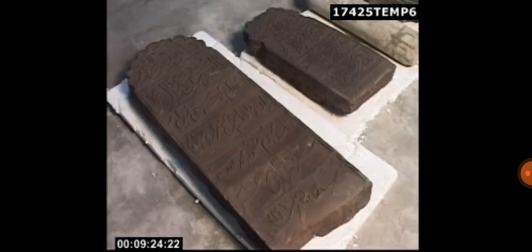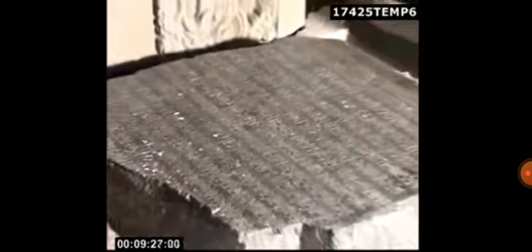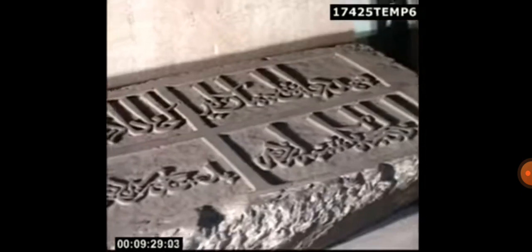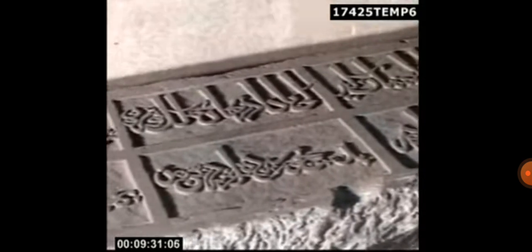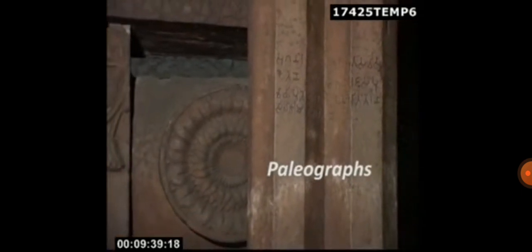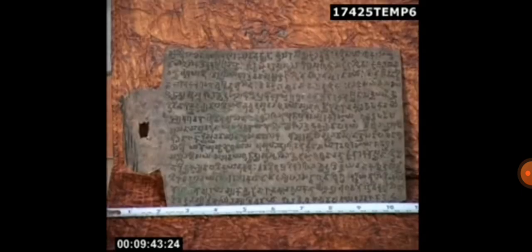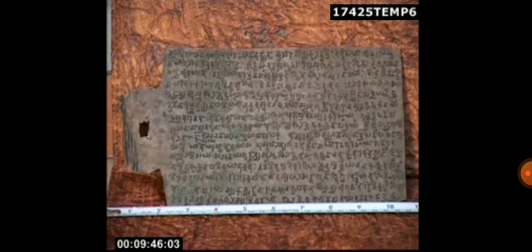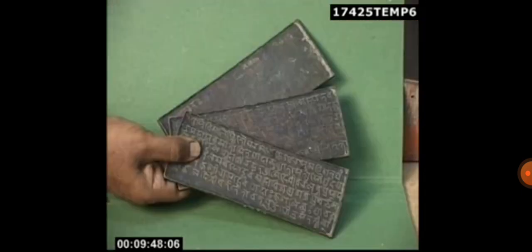Now that we know about the definition and the whereabouts of epigraphy, let us look at the language. The scripts of ancient language are called paleographs, and there is a whole science of this study known as paleography. Now let us remember that there is a difference between the language and the script.